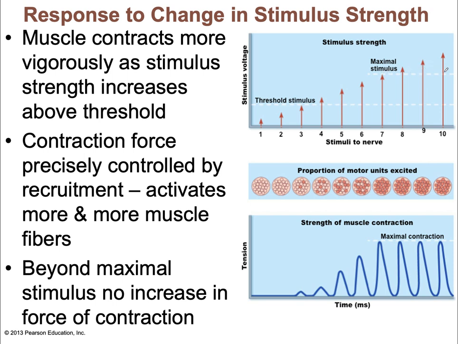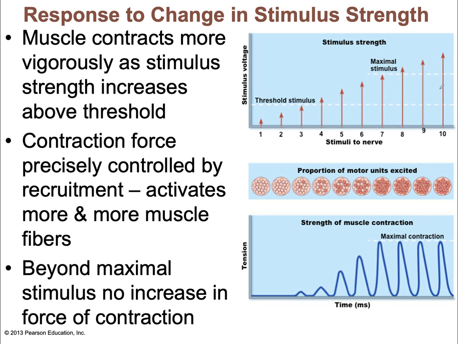Anything above maximal stimulus isn't going to generate more motor units because they're already all participating. So you can see here with the strength of contraction, we build and build and build until we get to a peak, and then even though the strength of the stimulus is greater, right?